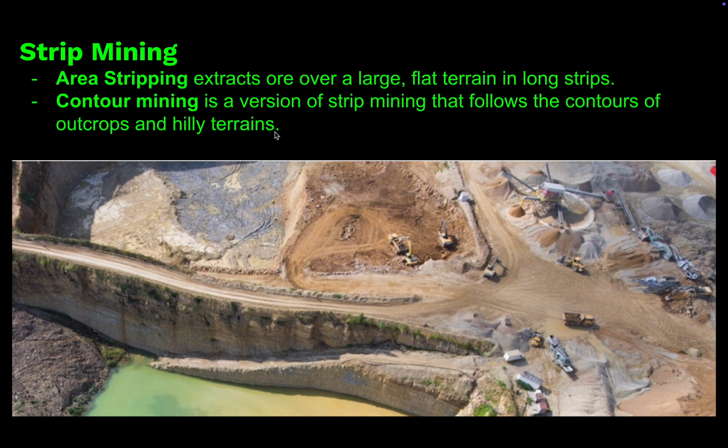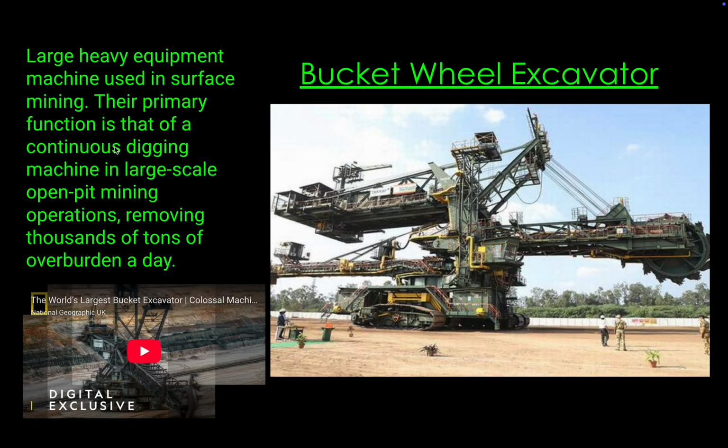And so in areas over a flat terrain, we just pull away the top layers of earth in large strips. Contour mining is on a hillside, and that is the image I showed you in the beginning. So there are two different types of strip mining. All right, so how do we get that?